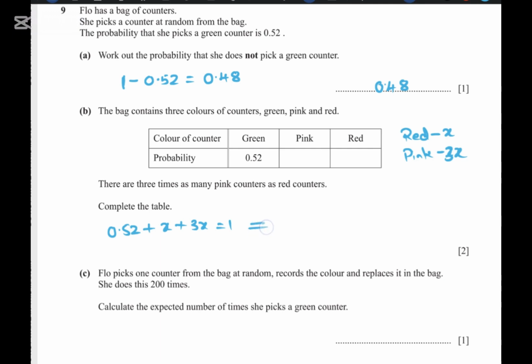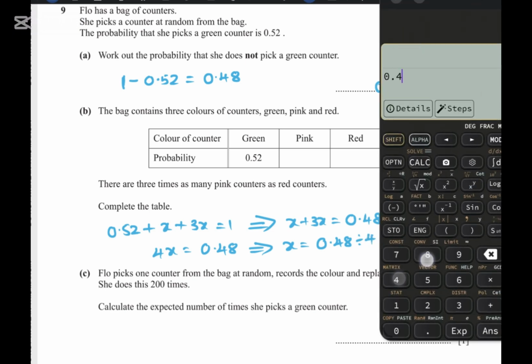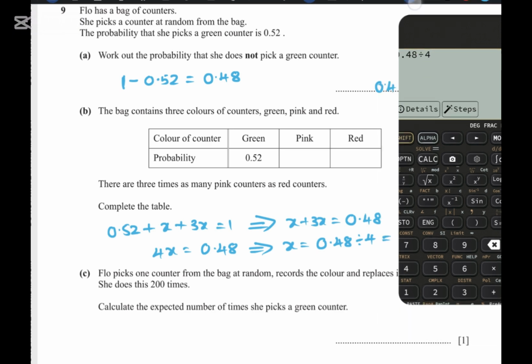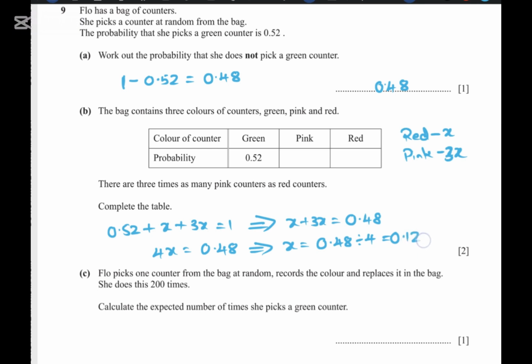We just got that the probability of not picking a green counter is 0.48, that means x plus 3x is equal to 0.48. Now x plus 3x is 4x, so x is 0.48 divided by 4, which is 0.12.